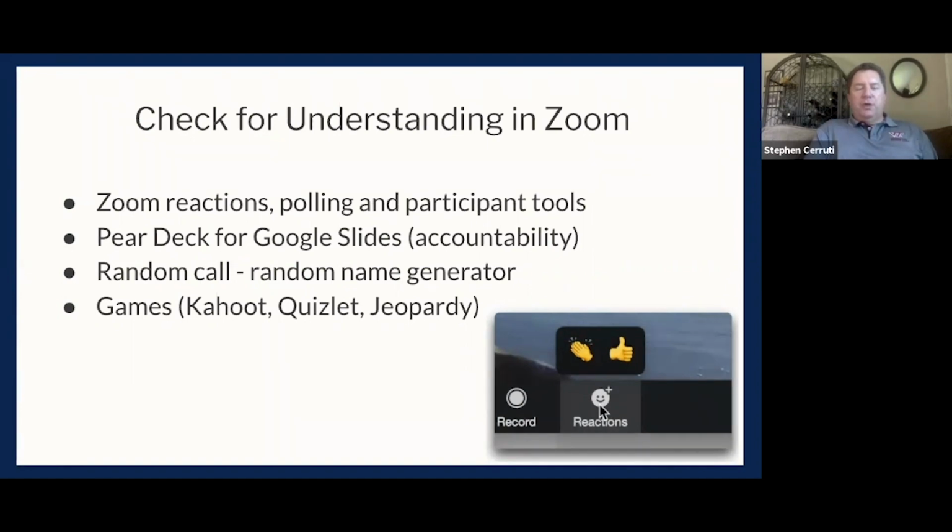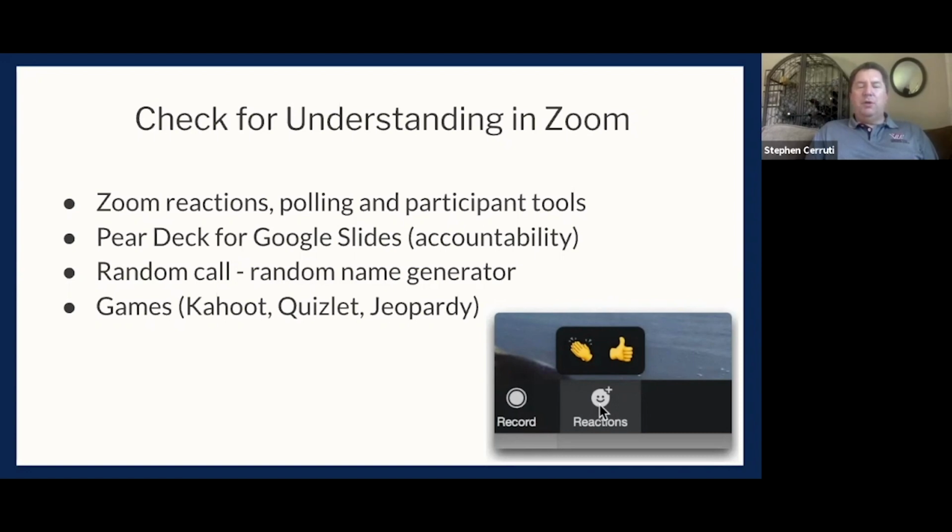Zoom also gives us the ability to have votes in the participants tab. So we can ask a yes or no question, or even phrase a question such that a yes or no answer can handle it, and answer that directly through Zoom. And in that way, we can check all the students, whether they're following us at the time.